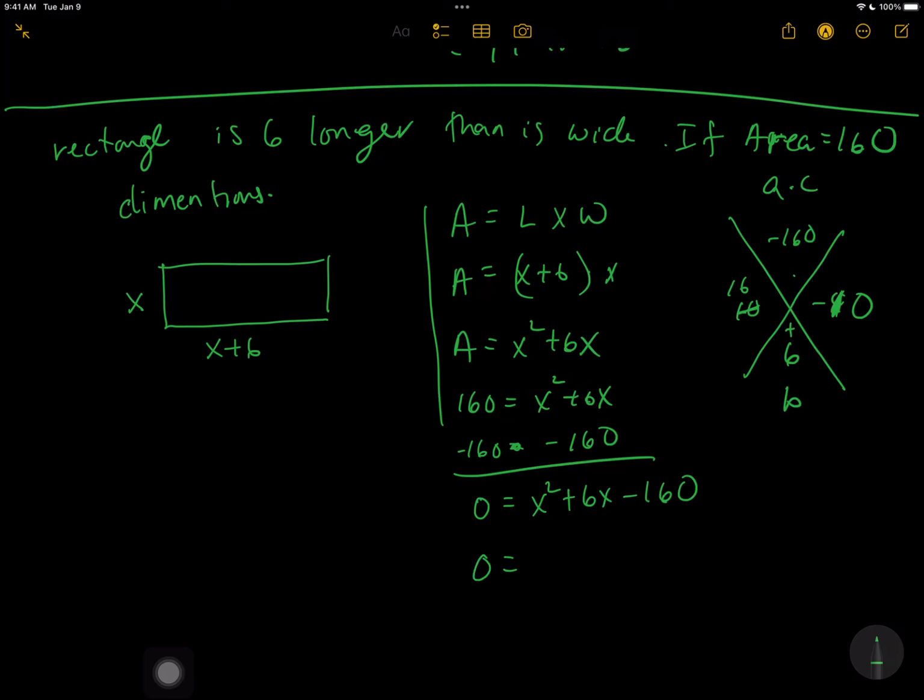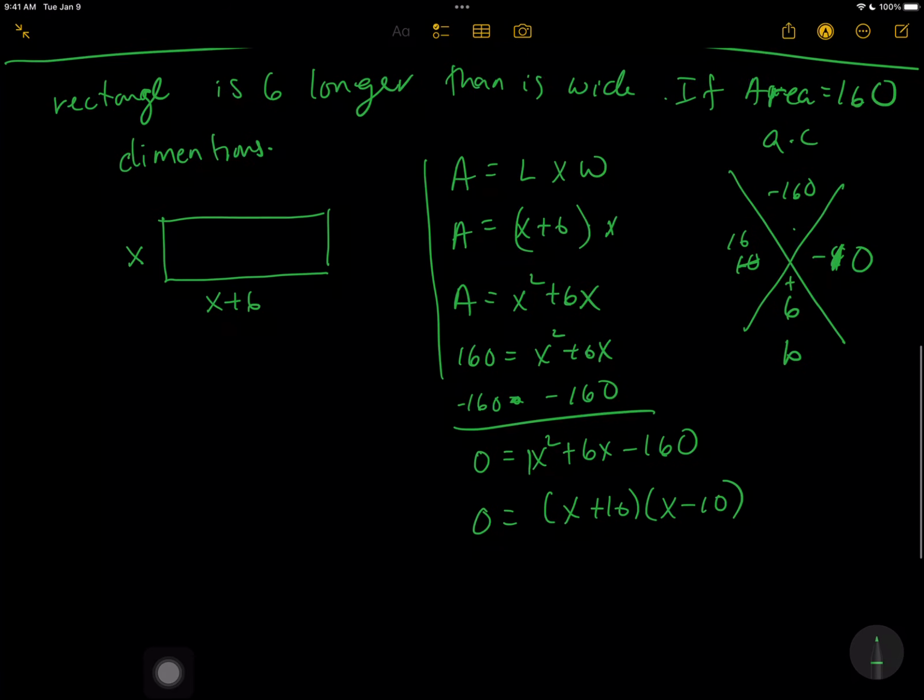So 0 is equal to x plus 16 times x minus 10. Again, remember, this works directly only if the coefficient of x squared is 1. And so then I get that x plus 16 equals 0, or x minus 10 equals 0. x equals negative 16, and x equals 10 after I solve the equation.